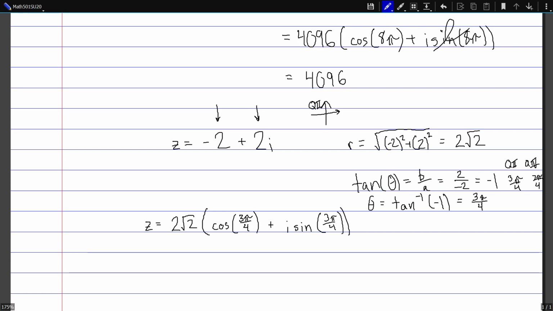The one thing I want to talk about now is we're actually going to find those cube roots, for z. The formula is going to be z sub k equals, and this is something that you'll notice they do a little bit differently in the slides. We're taking the cube root of 2 times the square root of 2.